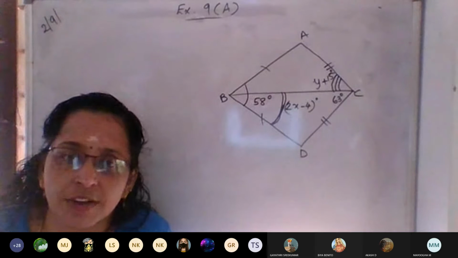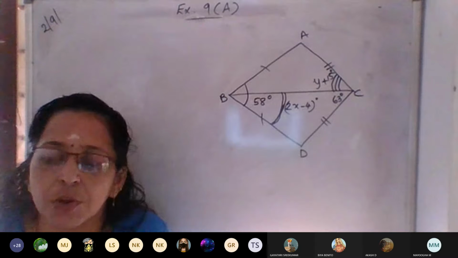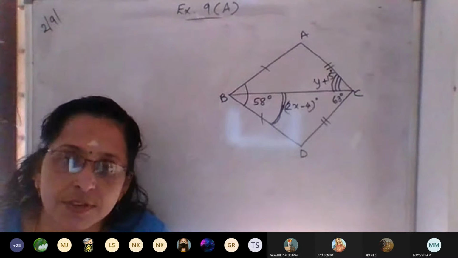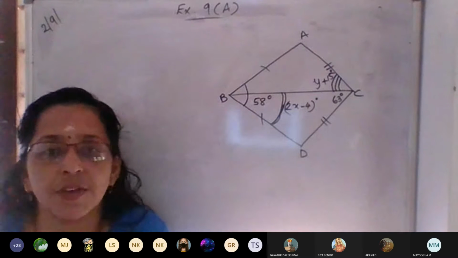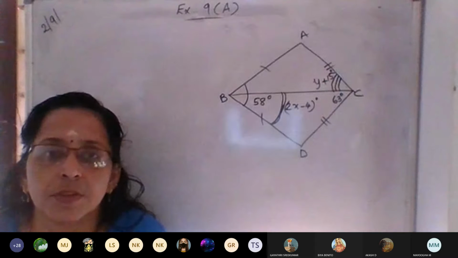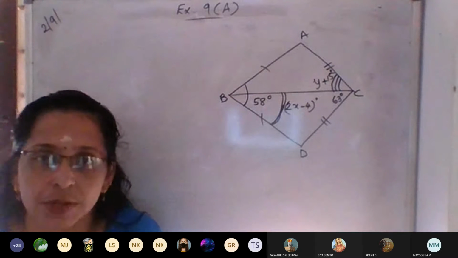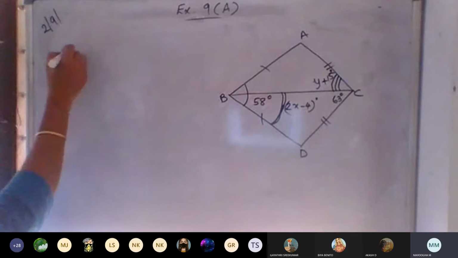Corresponding parts of congruent triangles are congruent, CPCTC, means all the angles and sides are equal. So first we check whether these two triangles are congruent or not, then we can directly write these two angles are equal and find the values. So how can we show these two triangles are congruent? Consider triangle ABC and triangle DBC.